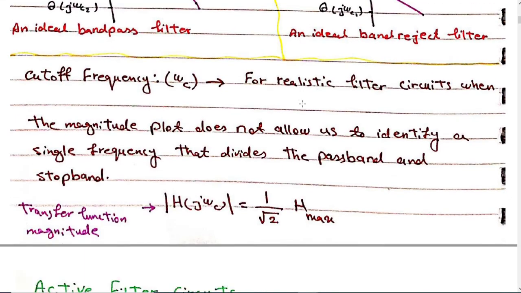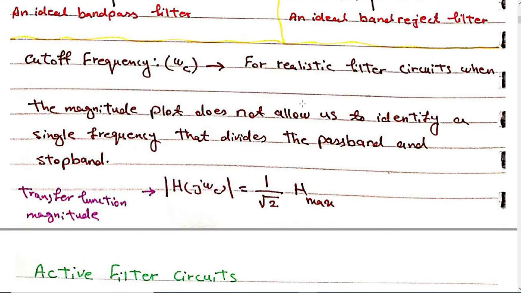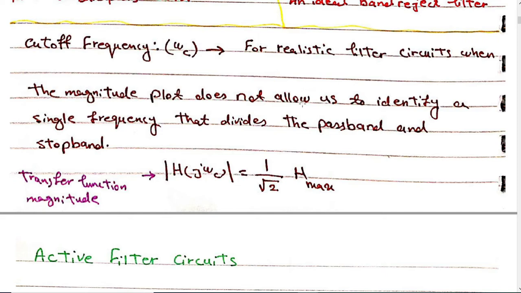So what is the cutoff frequency? The magnitude of the transfer function at the cutoff frequency. So this is the transfer function at the cutoff frequency, and these two lines mean magnitude. So the magnitude of the transfer function at omega c, which is the cutoff frequency, equals 1 over square root of 2 multiplied by H max.